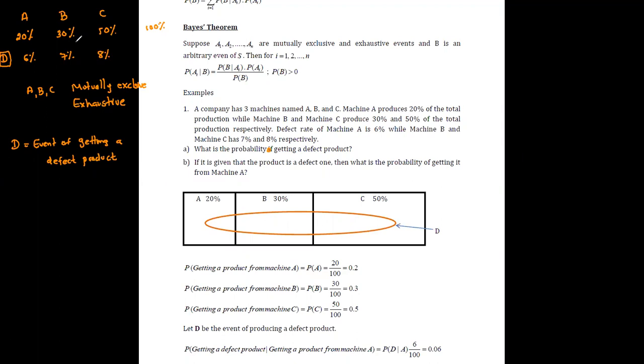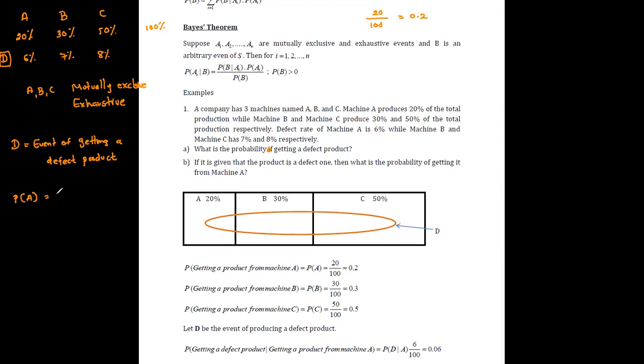According to the information provided, the probability of getting a product from machine A is 20%. It is because 20% equals 20 divided by 100, which equals 0.2.